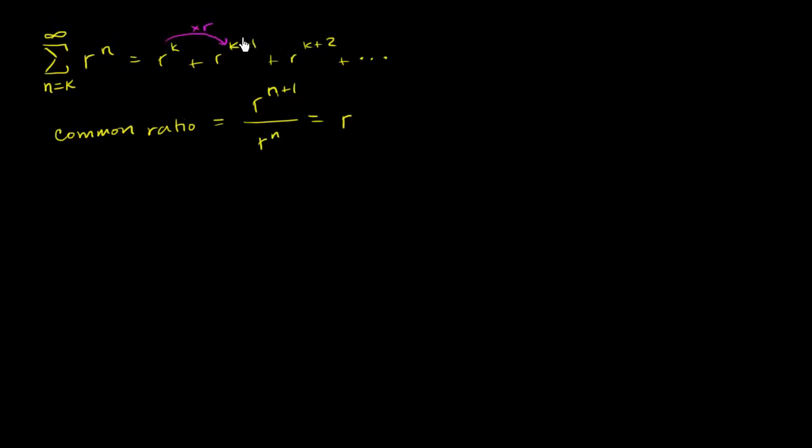And this is all a review. If it's not a review, I encourage you to watch the videos on geometric series. And what's interesting about this is we've proven to ourselves in the videos on geometric series that if the absolute value of the common ratio is less than 1, then the series converges. And if the absolute value of r is greater than or equal to 1, then the series diverges.